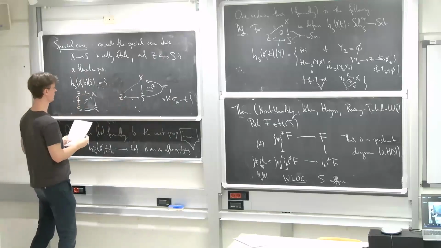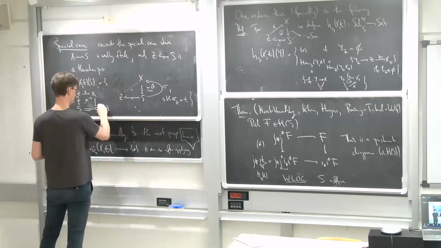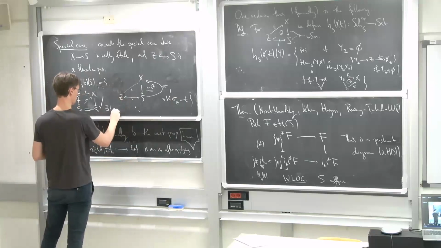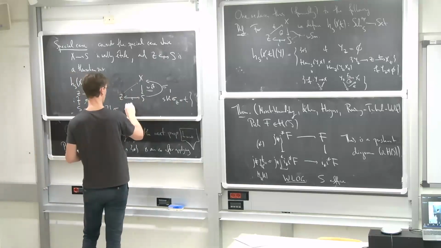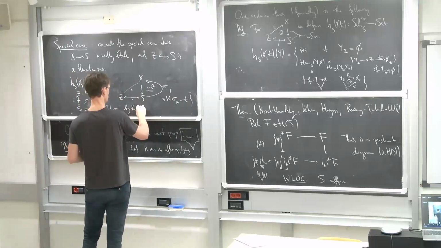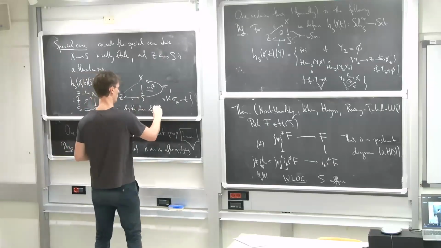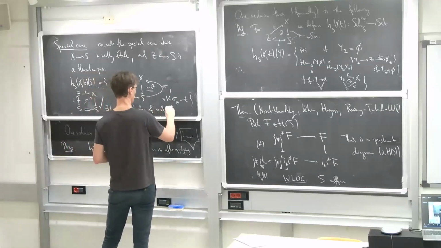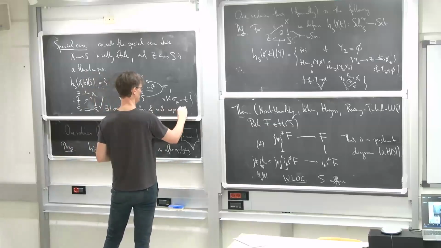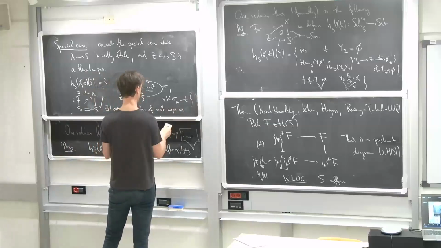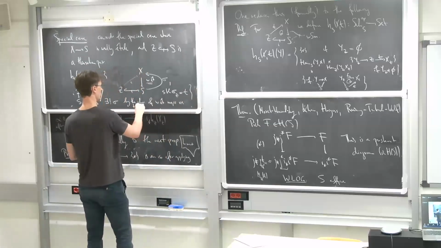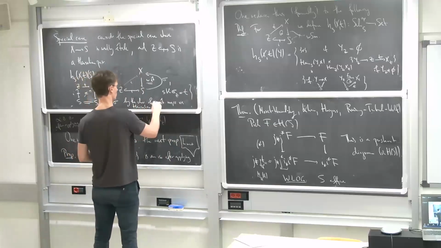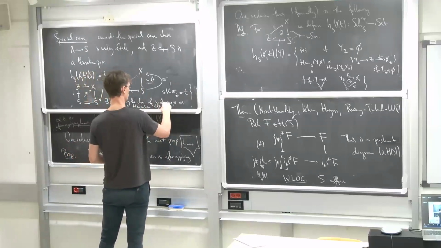Okay. And so indeed there exists exactly one such sigma by the characterization of weakly étale maps by, let's say, Henselian lifting.